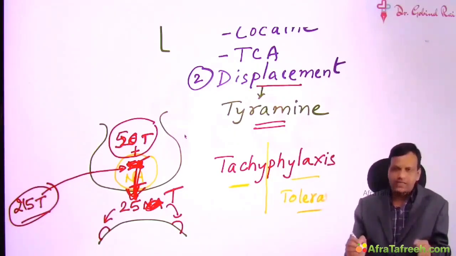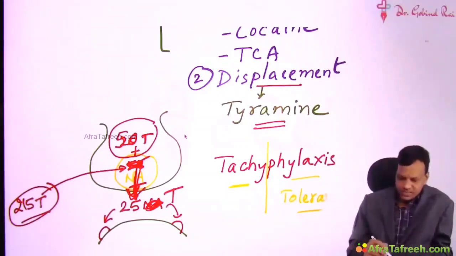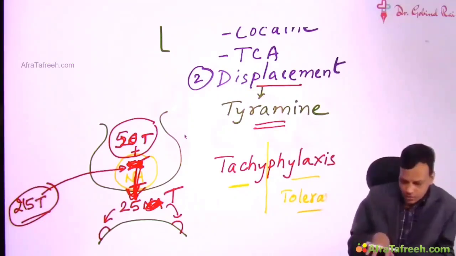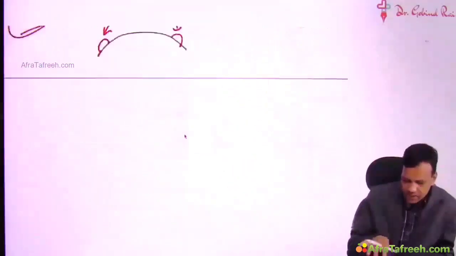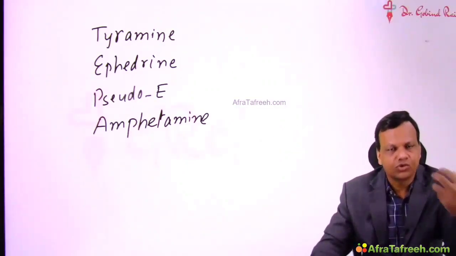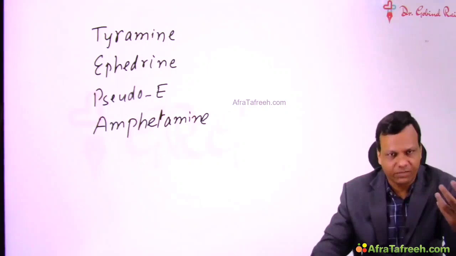So tyramine like drugs act by displacement, and all the drugs acting by displacement can show the phenomenon of tachyphylaxis. So apart from tyramine, the other drugs which act by displacement are ephedrine, pseudoephedrine and amphetamines.